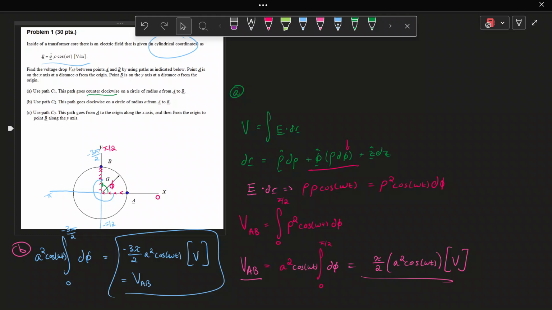Because we're not changing with respect to d phi, we're now changing it with respect to d rho. Phi is not going to change with time. Our radius is now changing. The path that we're taking is different.